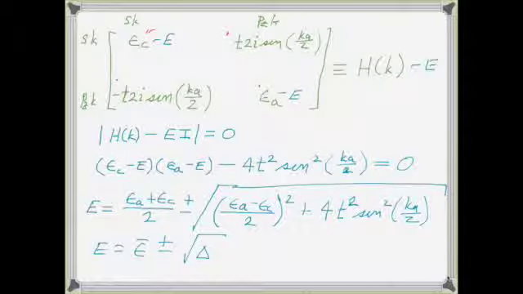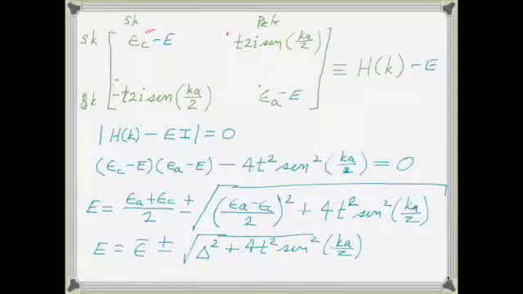I think it was epsilon C minus epsilon A over 2. It doesn't matter since it's squared, but I'm worried about the 1/2. Okay, so this is delta squared plus 4t squared sine squared Ka over 2, just like in your homework.